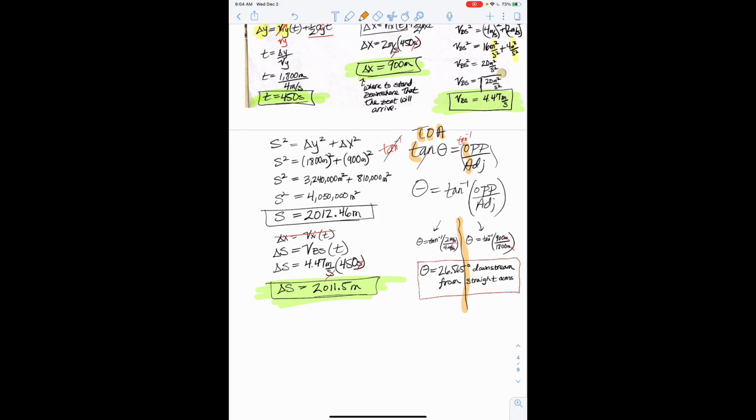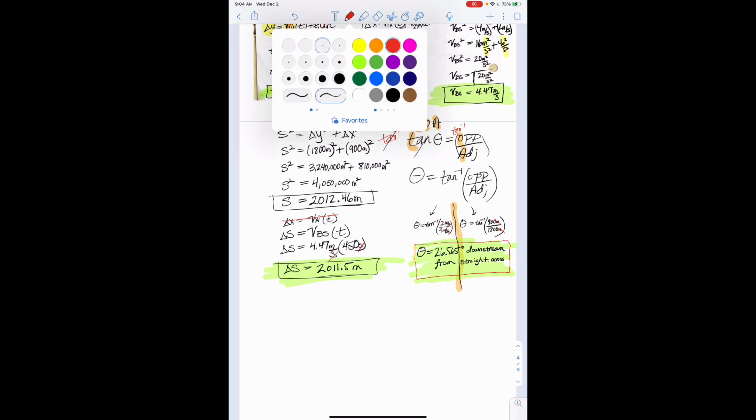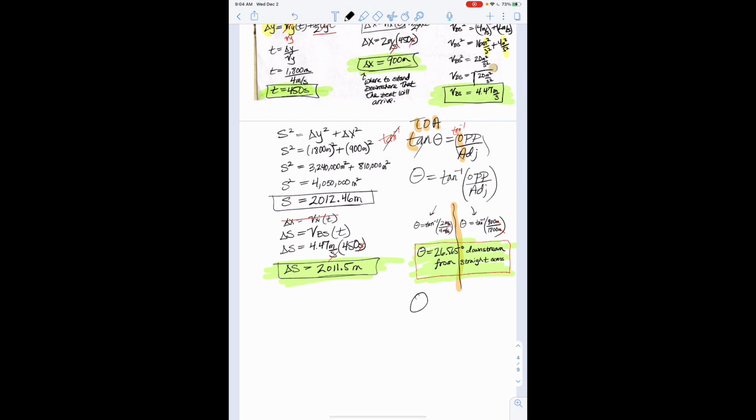So the 5th question being, what angle does the boat take relative to perpendicular or relative to the shoreline? If they said relative to the shoreline, what would that be? That would be theta equals, well, we've got to do the complement, 90 minus 26.565. What is that?